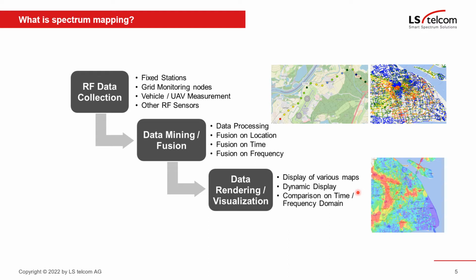The continuous map is achieved by the intelligent interpolation algorithm which Spectrum Map uses. By this, the user can directly see the spectrum for the channel or service of interest in their urban area. It is a really meaningful and powerful picture for spectrum management and offers various applications.